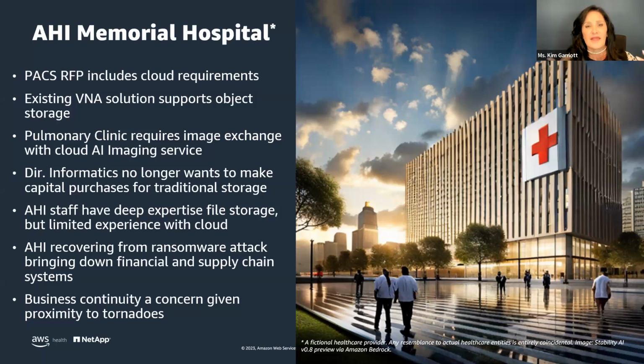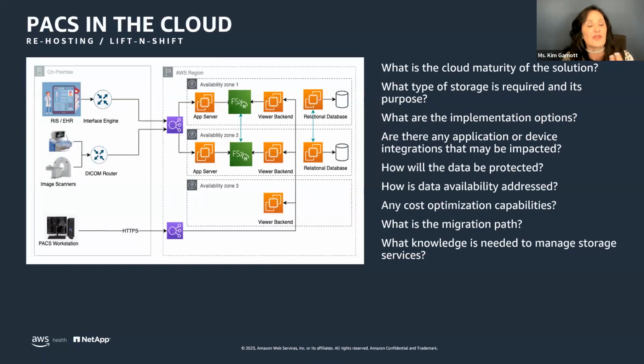So Sasha, can you help us look at AHI and help the folks at AHI really understand what the future looks like, which is the future is now in the cloud, and the kinds of concerns or questions that they need to be raising as they go through this RFP evaluation process?